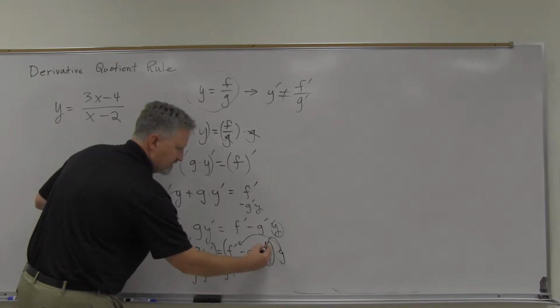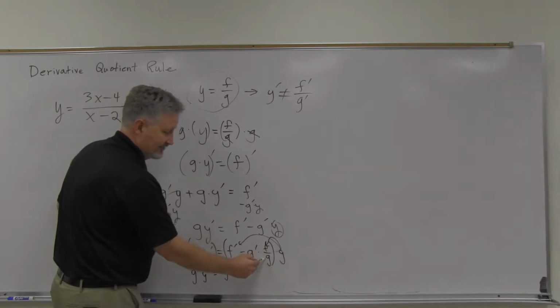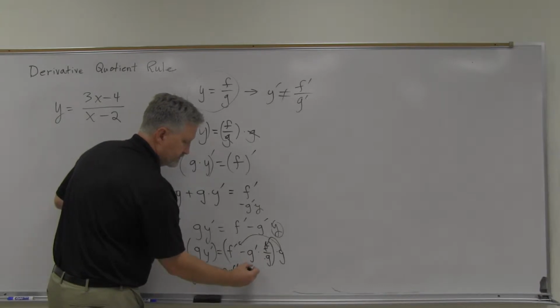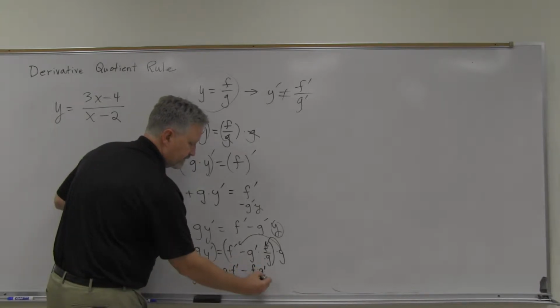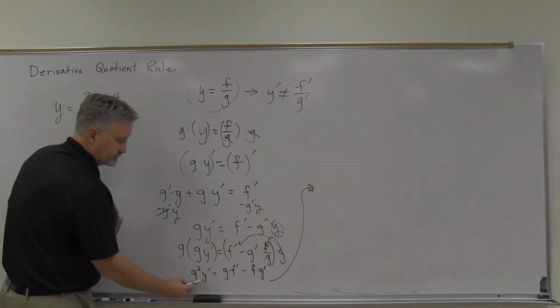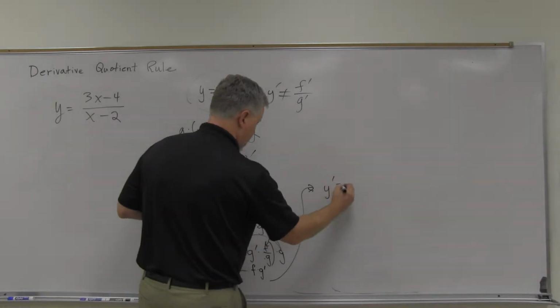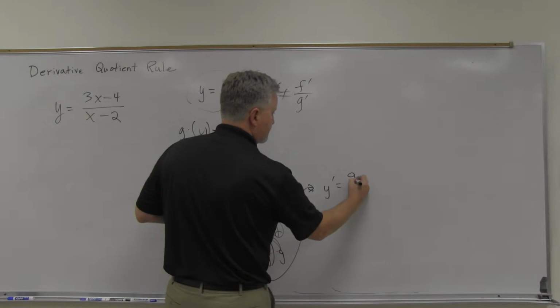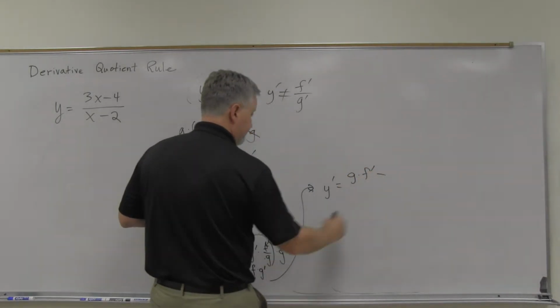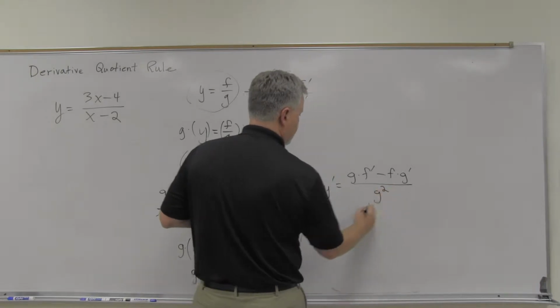And then this times this, that's the whole reason for multiplying by g, because then the g's cancel, so it'll be minus f times g prime. What I'm doing here is solving for y prime, so I divide by g squared. So y prime is g times f prime minus f times g prime over g squared.